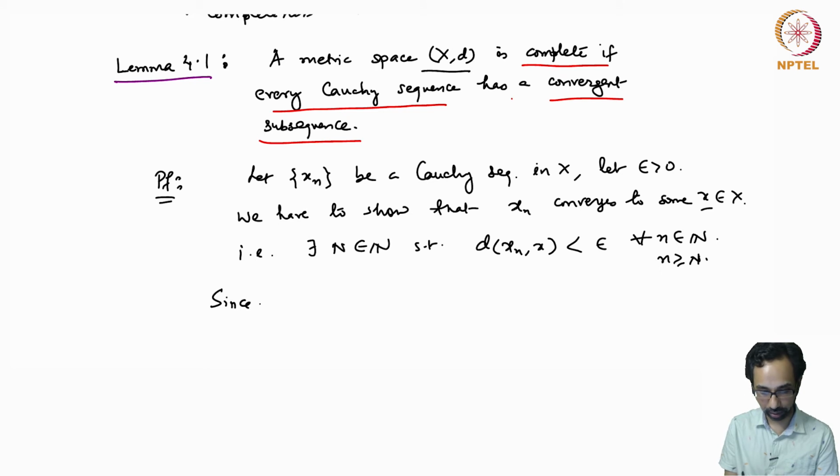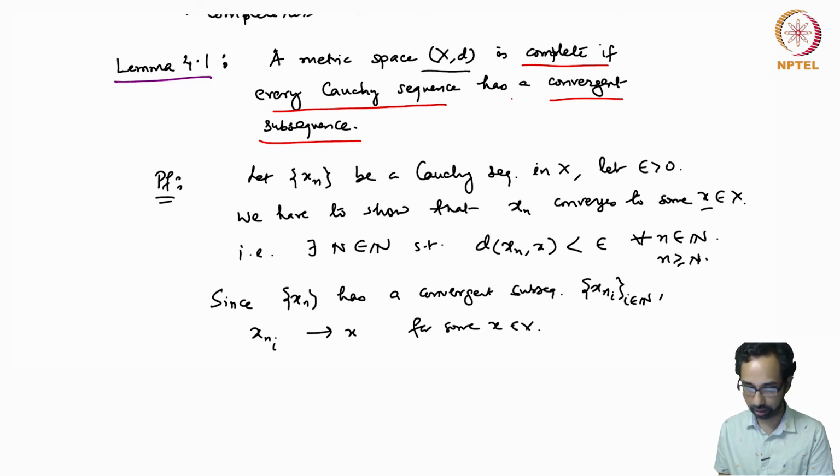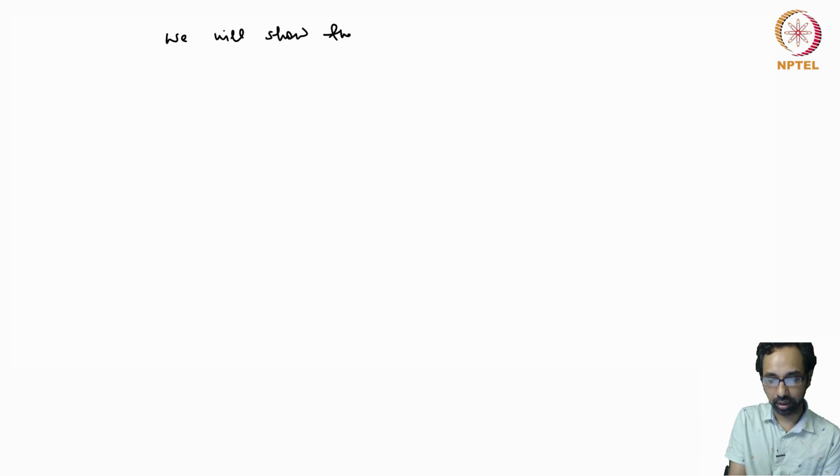So since x_n has a convergent subsequence, say x_{n_i}, so x_{n_i} converges to x for some point x, and we will show that x_n converges to x.